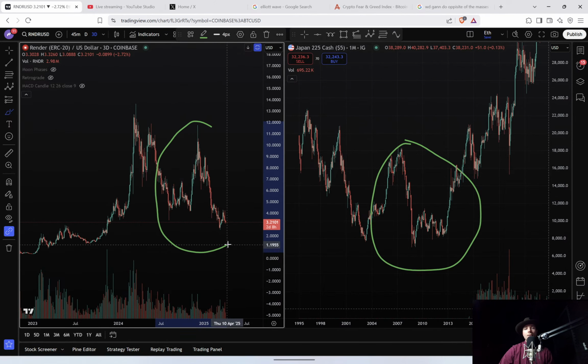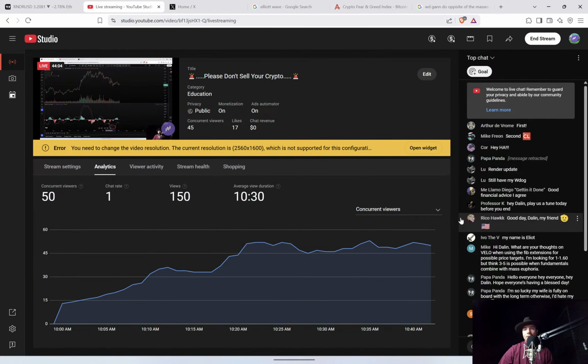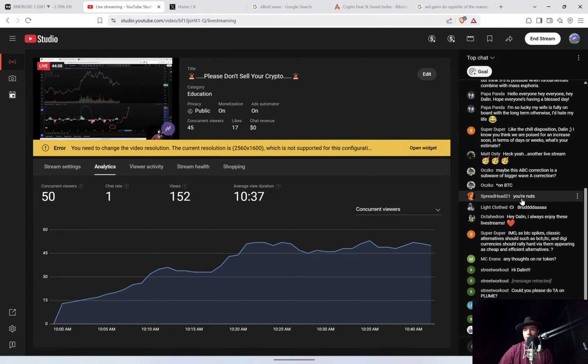That's exactly the same kind of psychology we see with a lot of these altcoins, where we went for one more low and people are starting to think, oh, this is going to crash super hard. Really it just did that kind of shakeout that's common before a big bull market. So that would be my view on Render. Definitely don't lose hope on that coin.